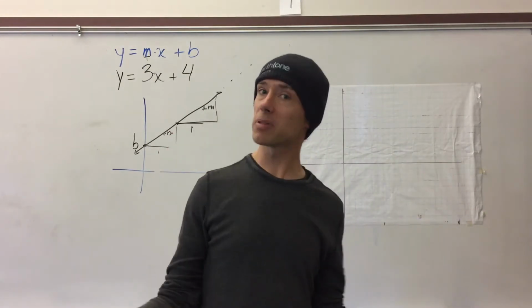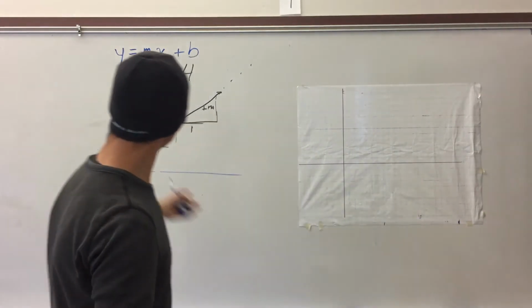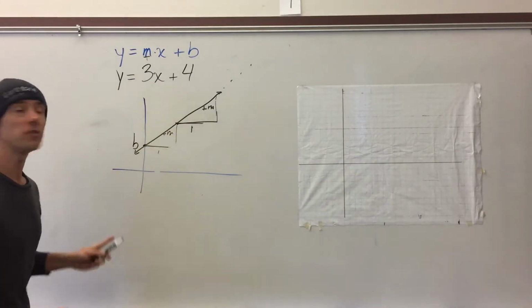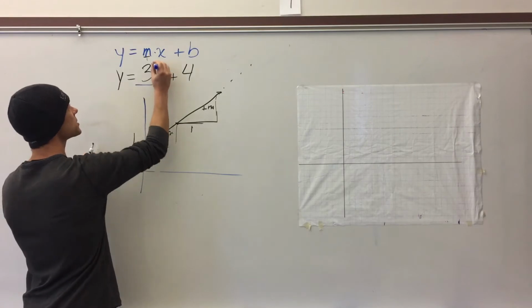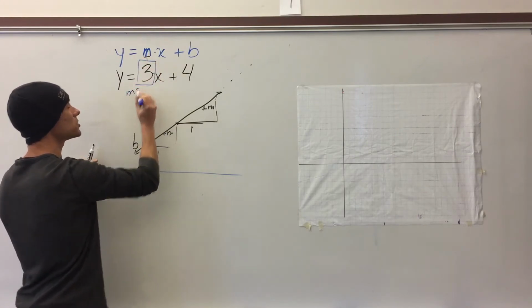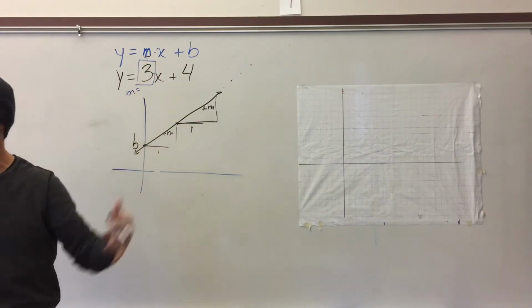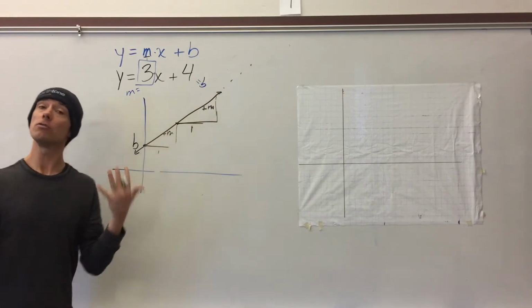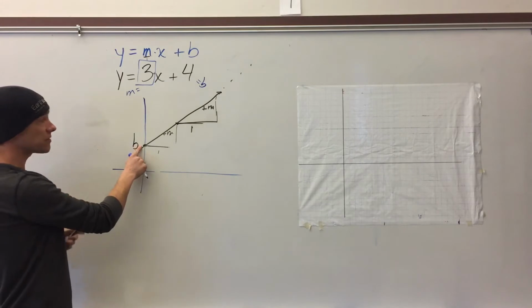So we're just going to apply that theory to this equation, which is y equals 3x plus 4. In this case, you can see that m is equal to 3, and b is equal to 4. So we're going to start at 4.